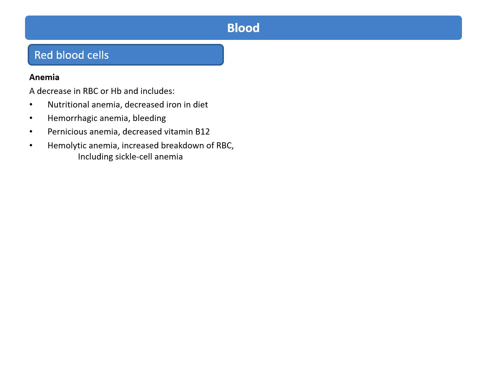This includes sickle cell anemia, although some textbooks list sickle cell as a separate category. Hypoplastic anemia, decreased red blood cell production. Aplastic anemia, no red blood cell production.